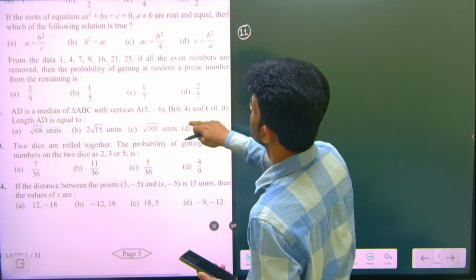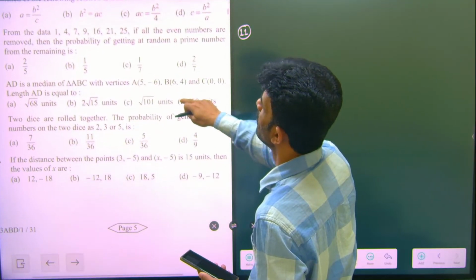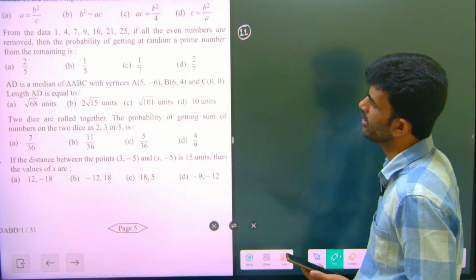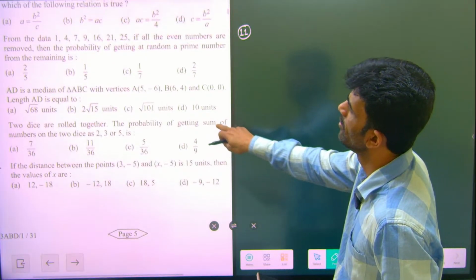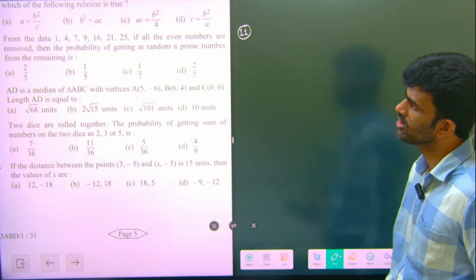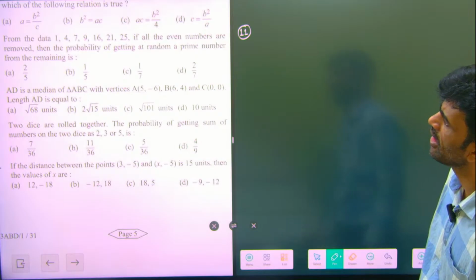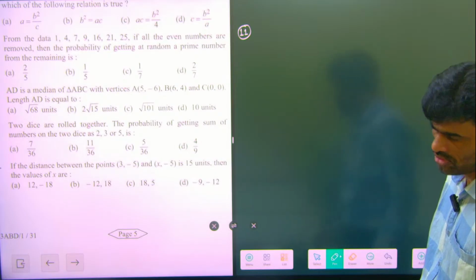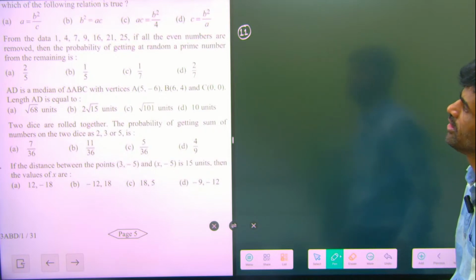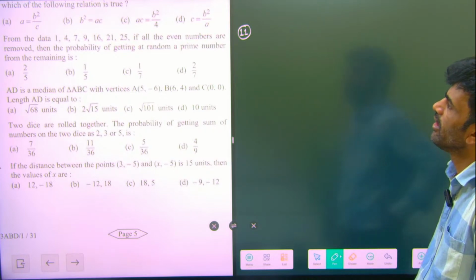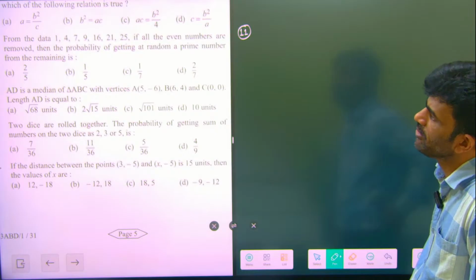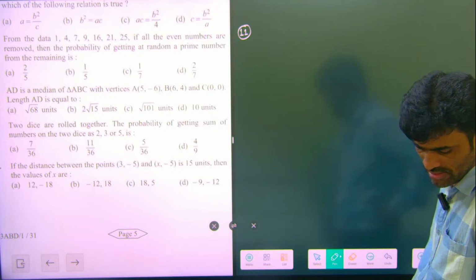See the question what it is. From the data 1, 4, 7, 9, 16, 21, 25, if all the even numbers are removed, then the probability of getting a prime number from the remaining is.